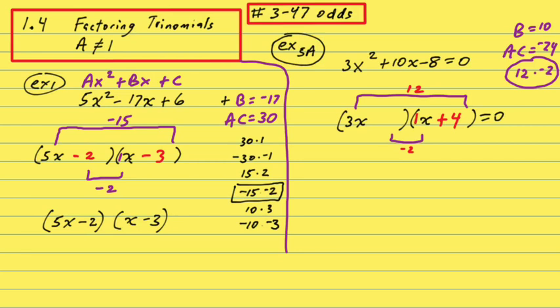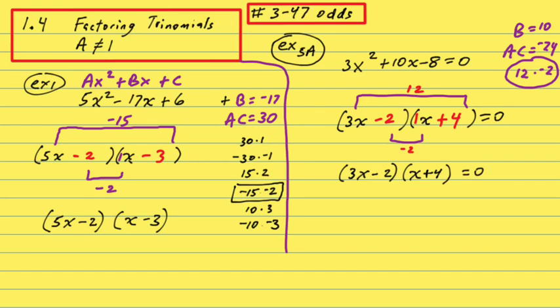Remember, there's a 1 here. 1 times what is negative 2? Negative 2. So we have 3x minus 2 times the quantity x plus 4 equals 0.